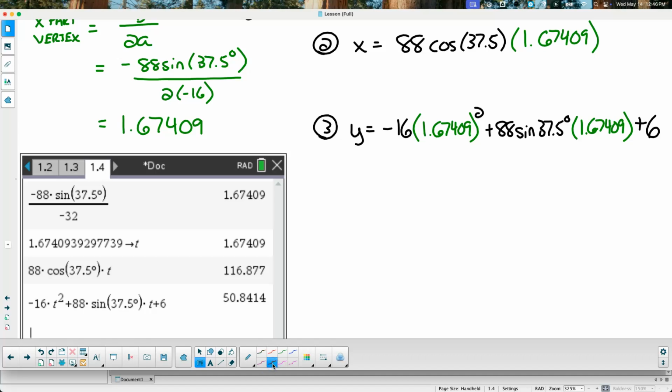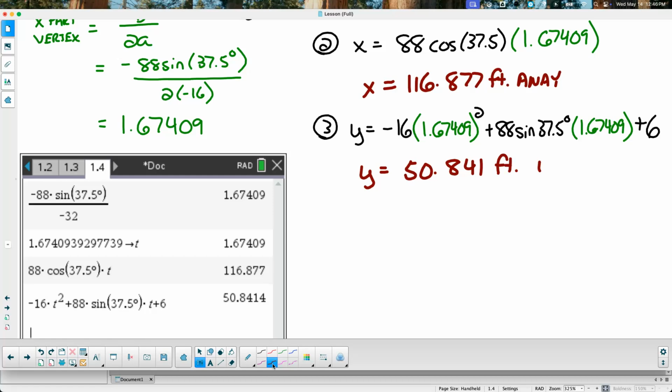So it was 116.877 feet away, and it was 50.841 feet up.